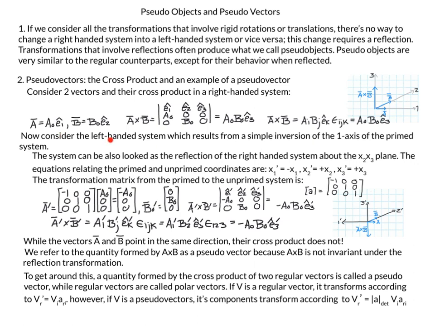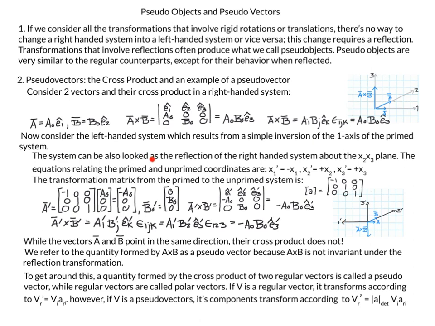Now we're going to switch to a left-handed system. To get a left-handed system, we simply reflect this first axis across the x2, x3 axes. So we reflect that across, and you'll see that now you get a left-handed system.